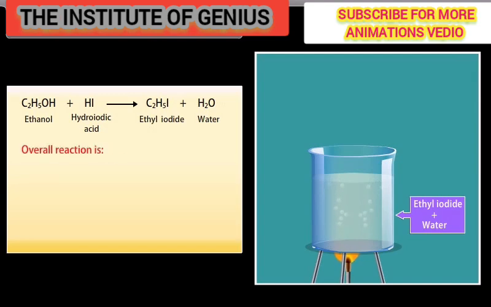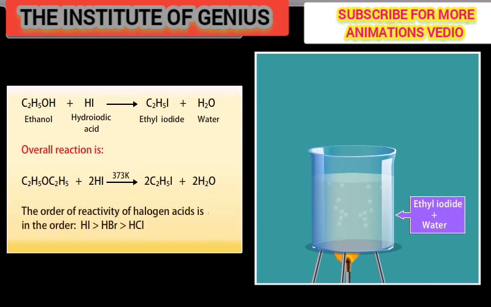The overall reaction is that hydroiodic acid reacts with diethyl ether at 373 Kelvin and forms ethyl iodide and water. The order of reactivity of halogen acids is hydrogen iodide, followed by hydrogen bromide and then hydrogen chloride.